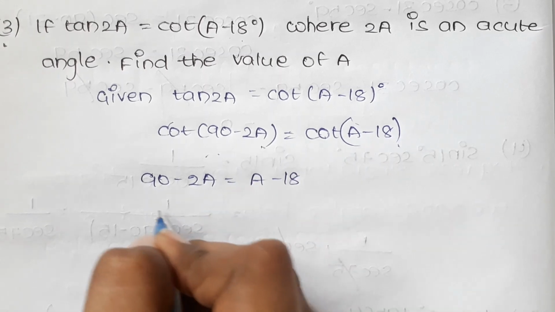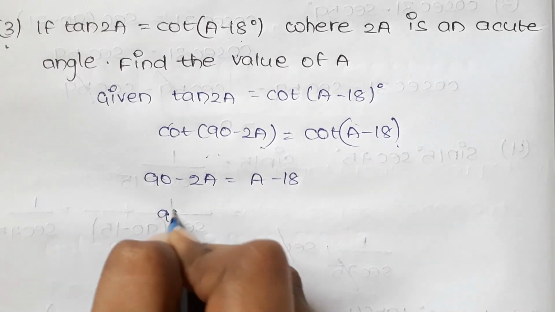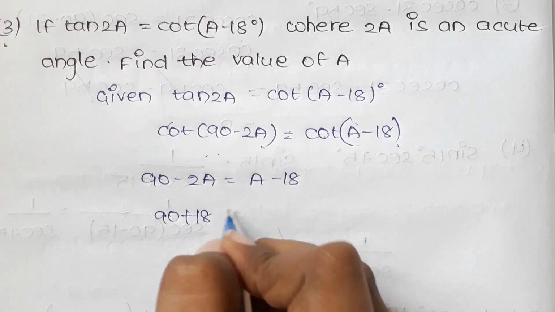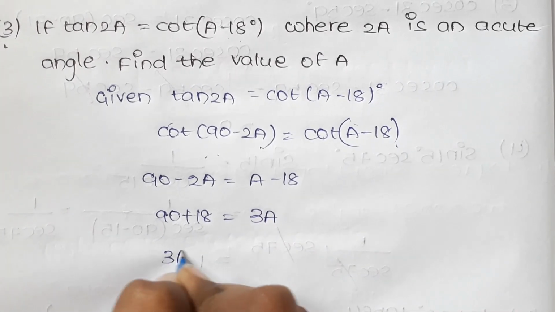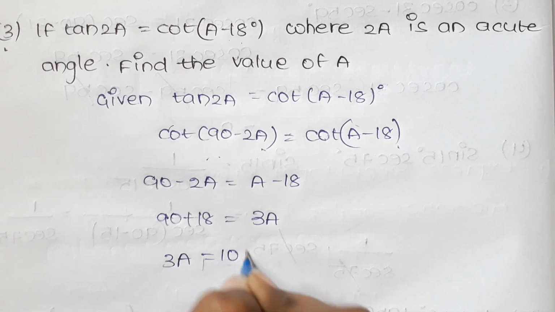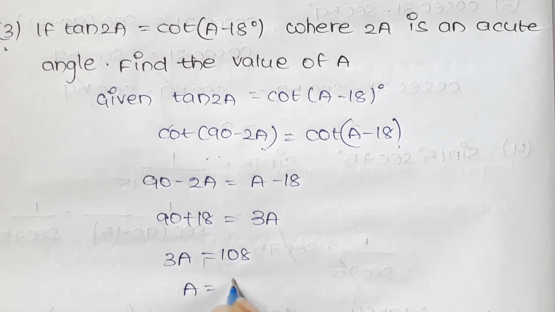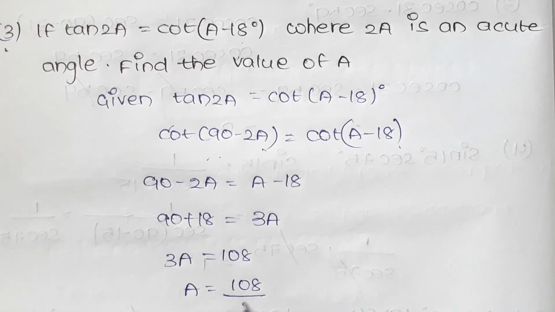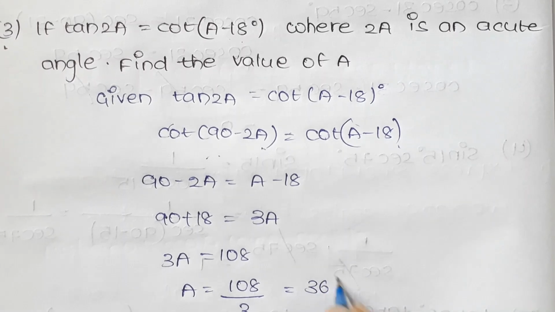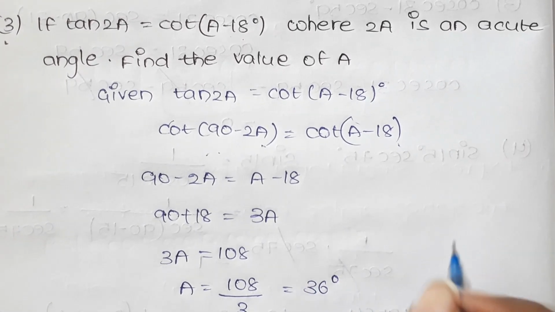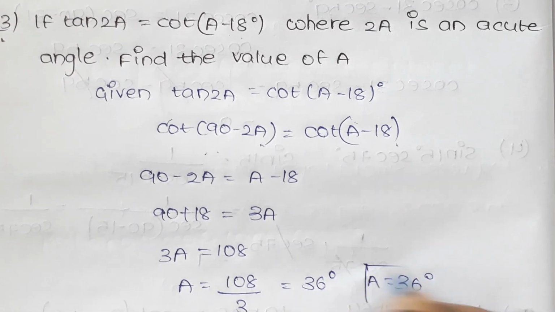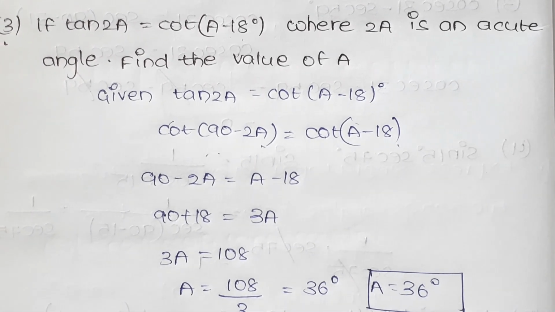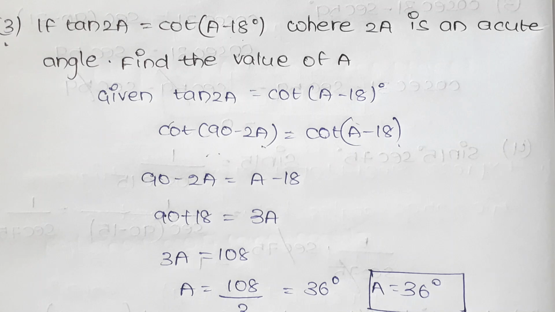And from that 90 plus 18 equals 3a, and 3a equals 108, a equals 108 by 3, that is 36 degrees, and the value of a is 36 degrees.